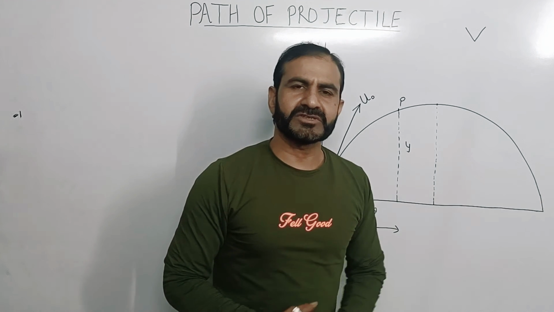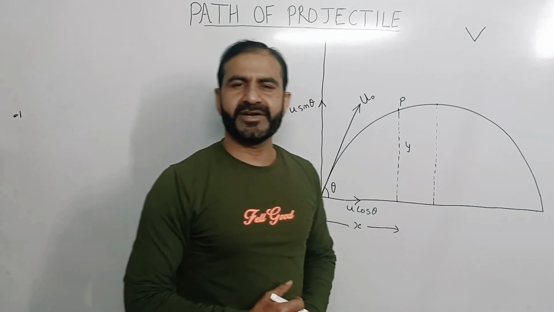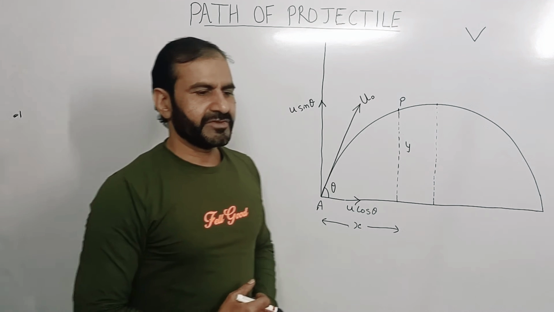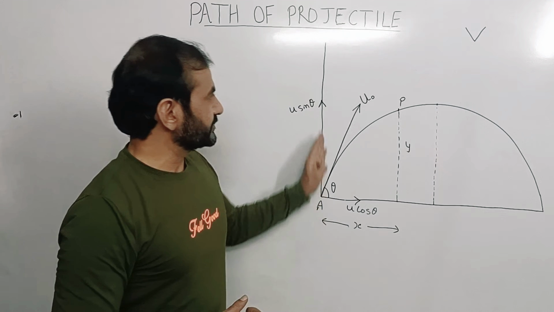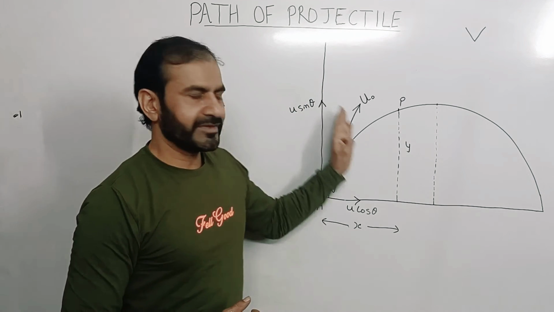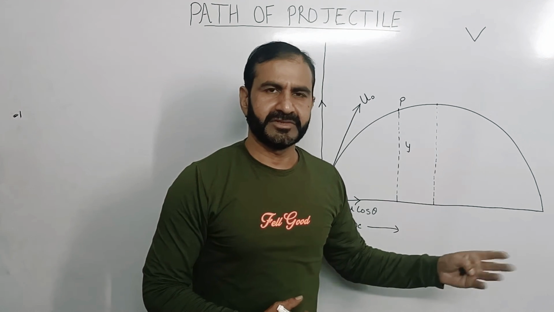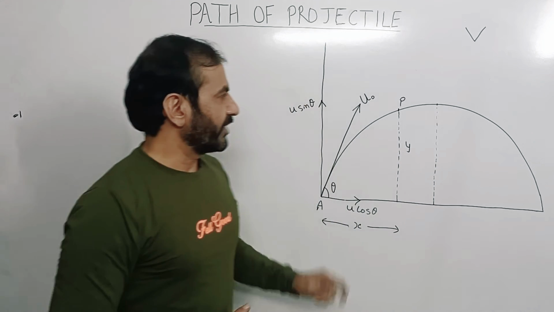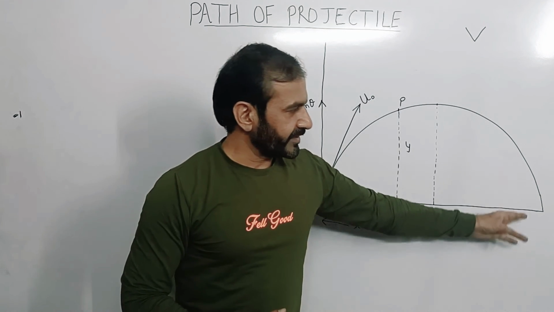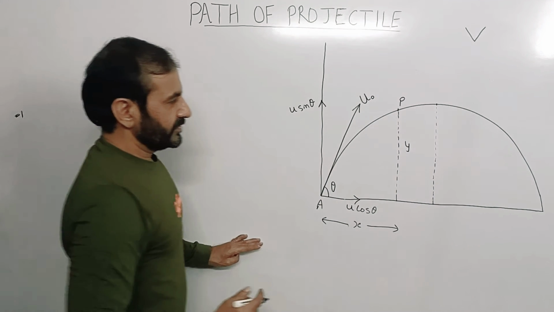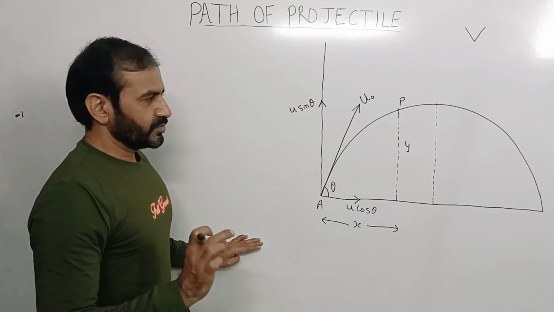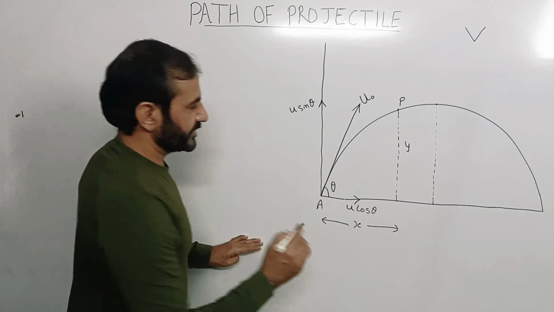And since no force acting along horizontal, that's why horizontal motion will be non-accelerated. But vertical motion, which is under the force of gravity, will be accelerated motion. That is retarded motion while going upwards and accelerated motion while going downwards. Now we can break it in two motions, horizontal motion and vertical motion.